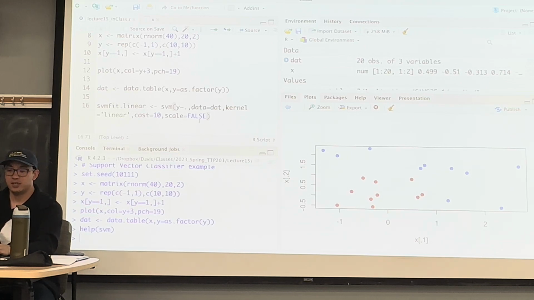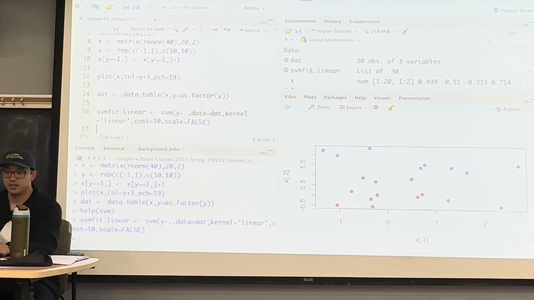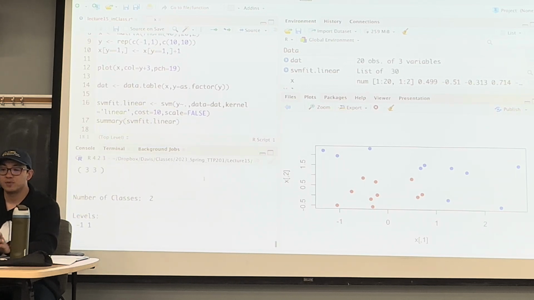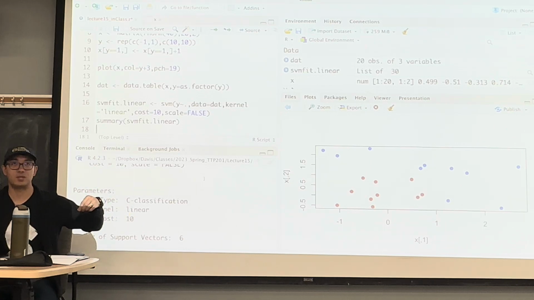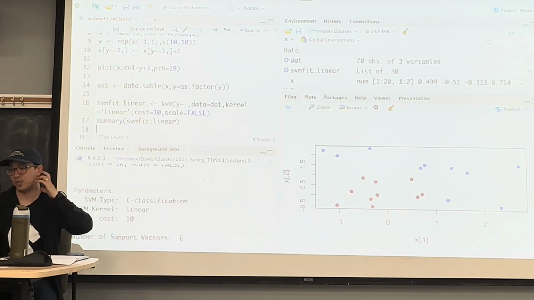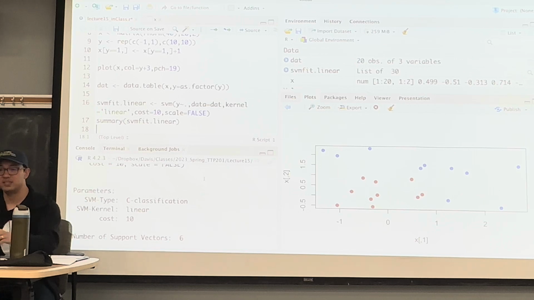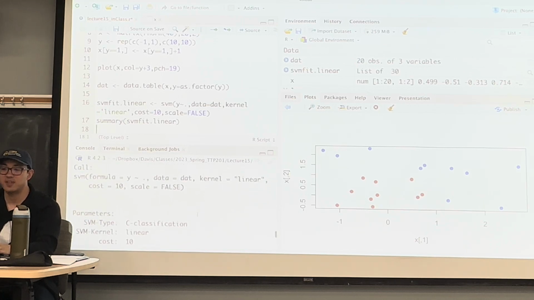Okay, so I can run this. Summary of svm fit linear: we have 2 classes, 6 support vectors, right? So it only draws support vectors for the points that are being considered in the definition of the hyperplane.